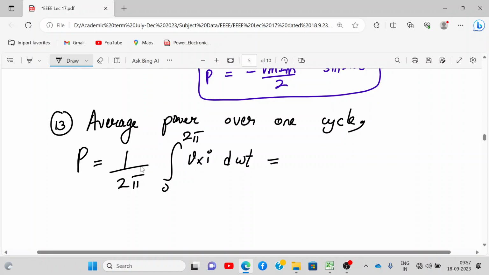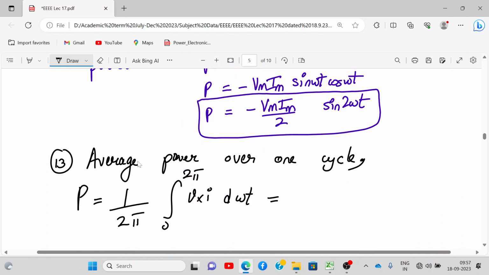This will be minus 1 upon 2 pi integral 0 to 2 pi of V into I d omega t.